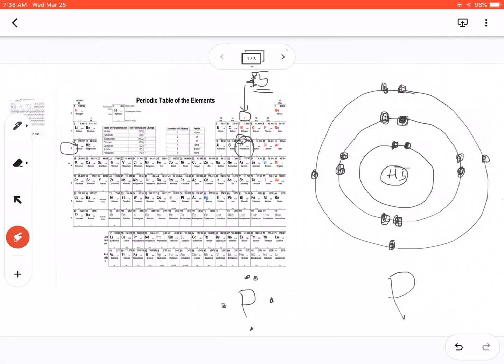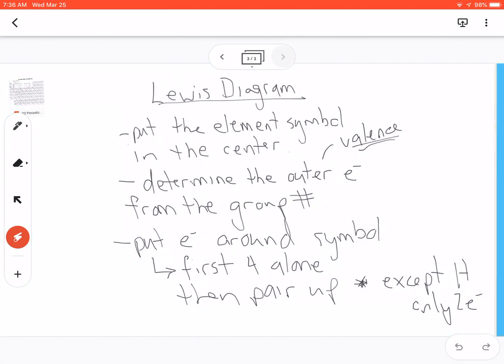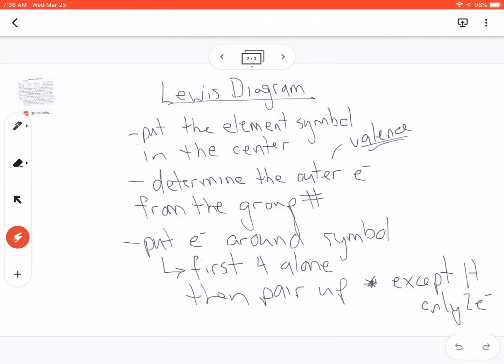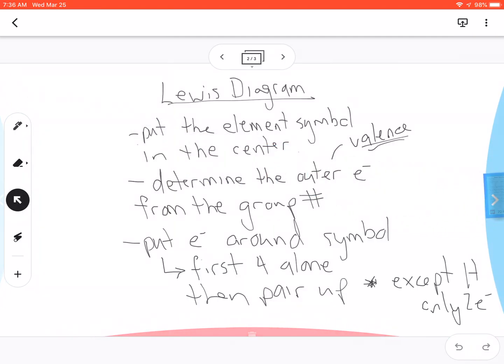Let's go and draw a few more Lewis diagrams here. Let's move over to this page here. I would have liked a periodic table. So what am I going to do? I'm going to take that. See if I can get a periodic table on this other page here. I'm going to bring this guy over to here. Let's see if it goes to the other page.